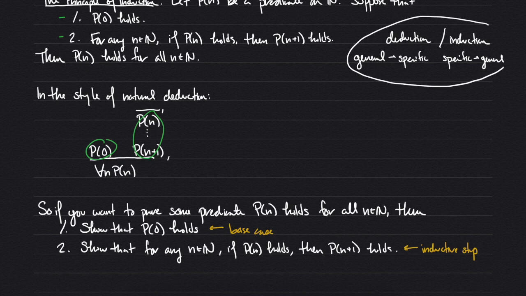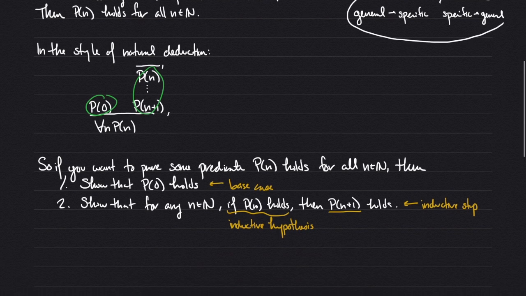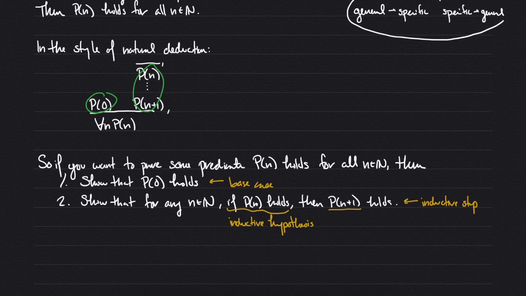Again, you don't have to use the phrase, but it's very useful. Another phrase that's often used is the hypothesis: whenever you're proving P of n plus 1 holds, you're assuming the hypothesis that P of n holds. This is often called the inductive hypothesis. If you refer to it by that phrase, people will be very happy because they know exactly what you're talking about.